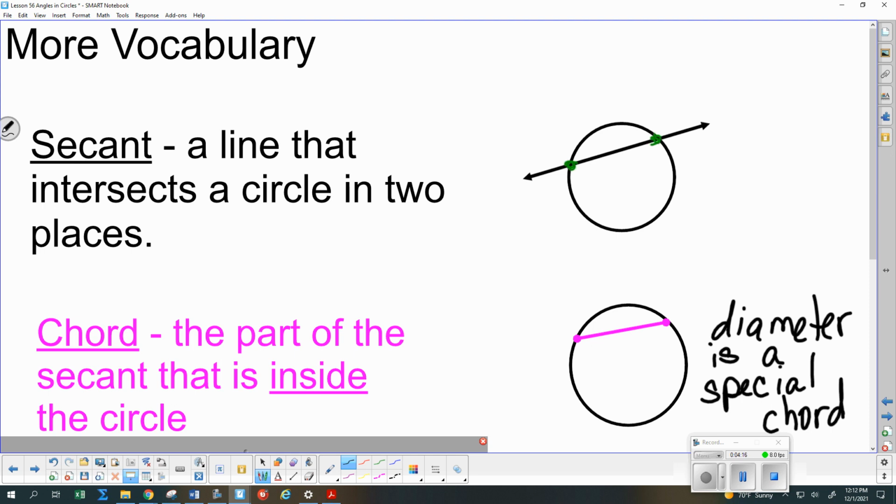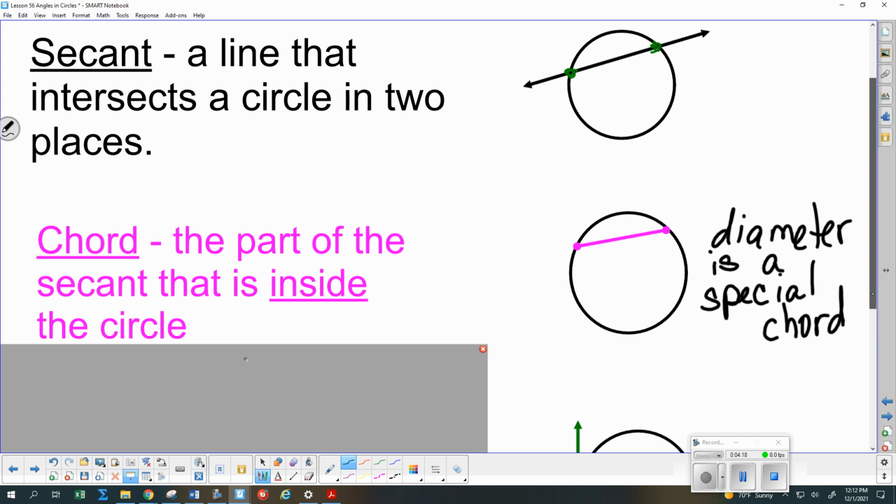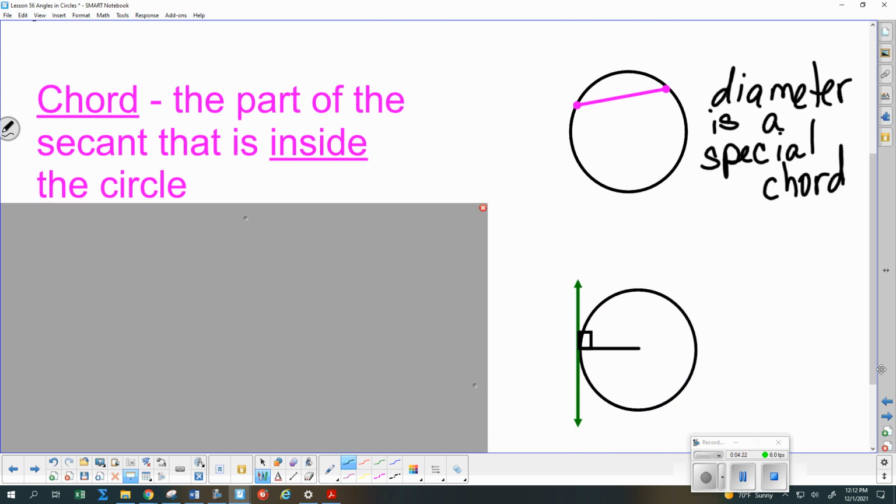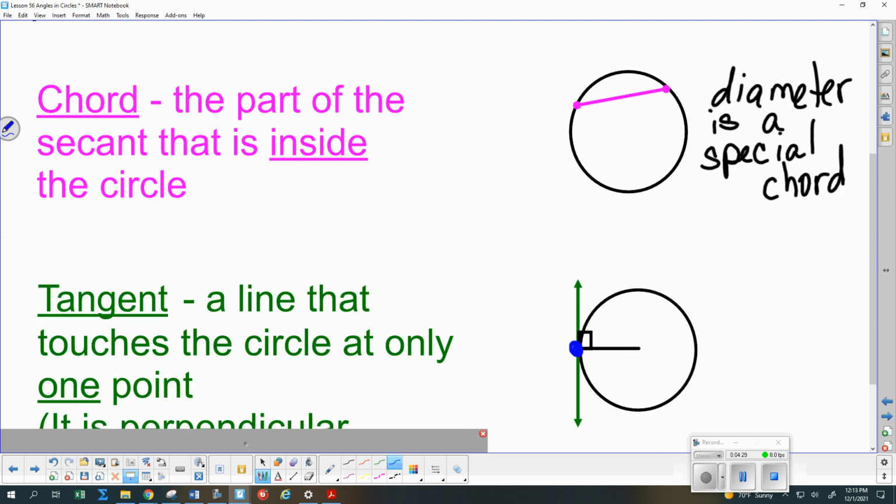The other kind of line that we'll talk about with a circle is one that just touches the circle once. It only intersects 1 point, and in that case, we say that it is a tangent. It could be a tangent line, a tangent ray, a tangent line segment, but it just touches that circle once.